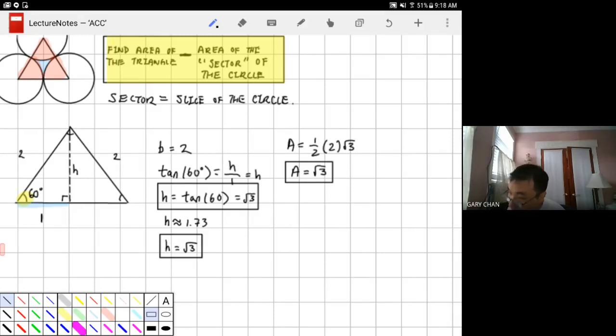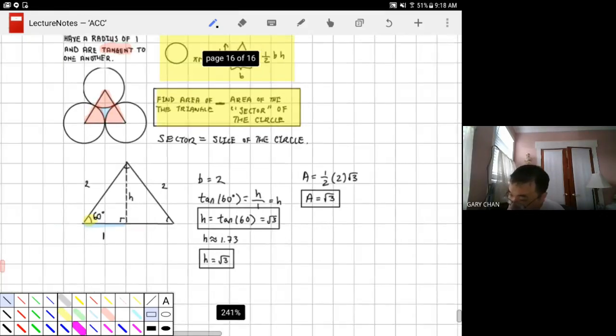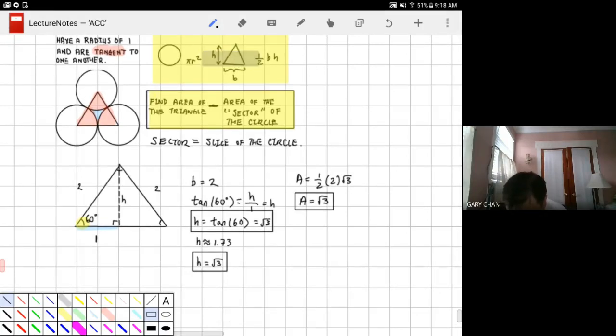Now I have half of the information that I need to solve this. What I just figured out is this part here that I'm highlighting. We're now going to try to figure out the area of the sectors, or those slices, of the circle.